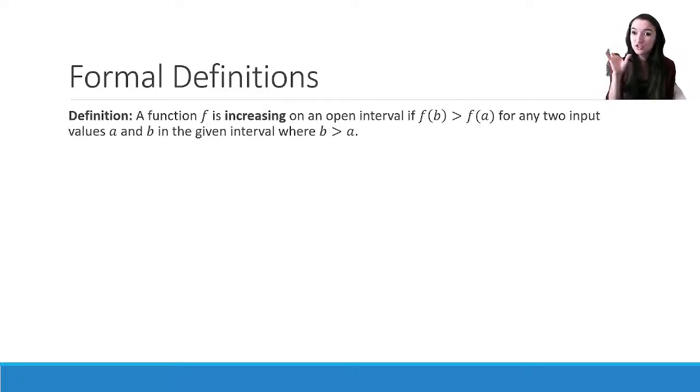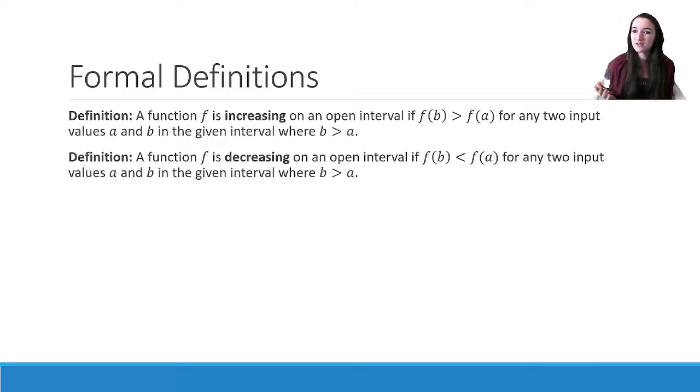The formal definitions definitely matter, but as long as you understand the concepts, the formal definitions are just there as a guide. So essentially what this is saying is that we're increasing as long as, no matter what 2 points I pick in that function, the output value of the smaller input is smaller, and the output value of the larger input is larger. That means we have increased.